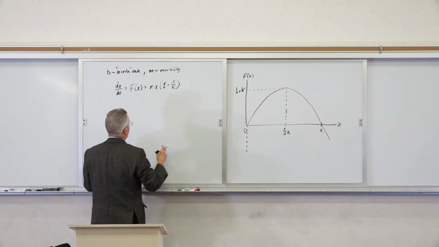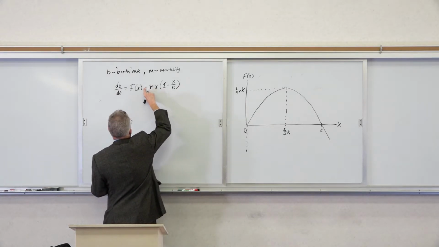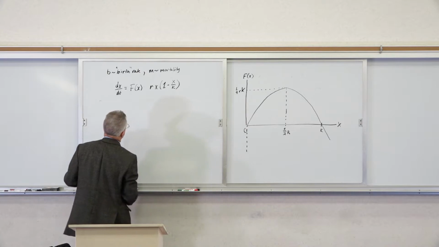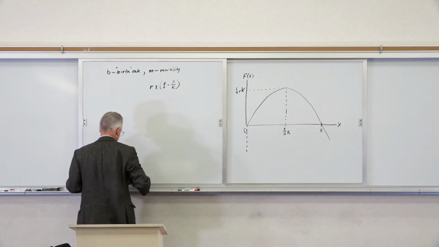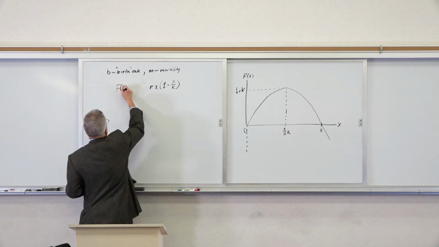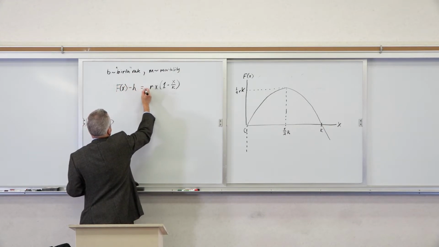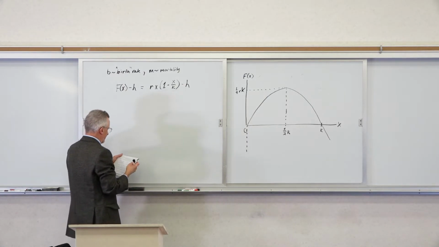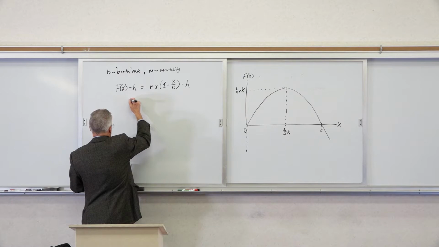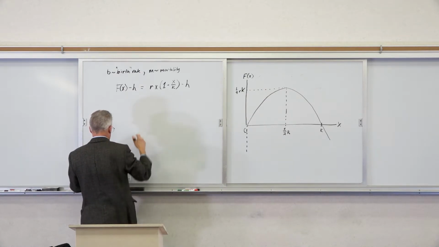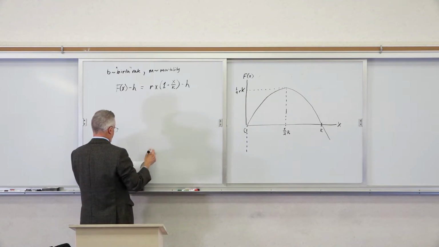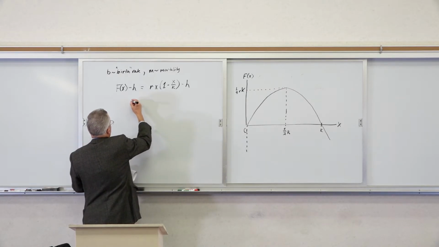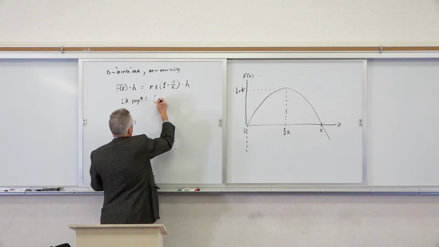We have here our long-run population. So the long-run stable population is going to be where the rate of change is 0.